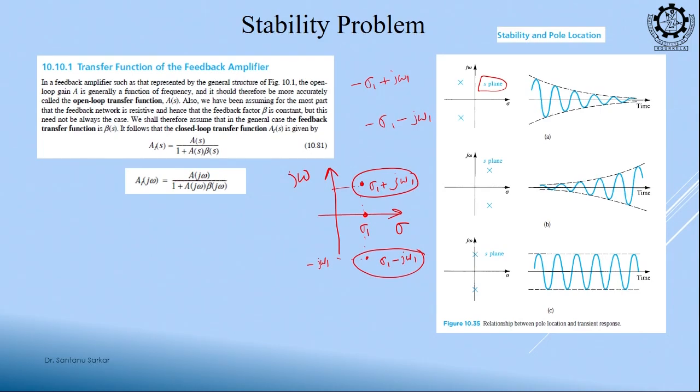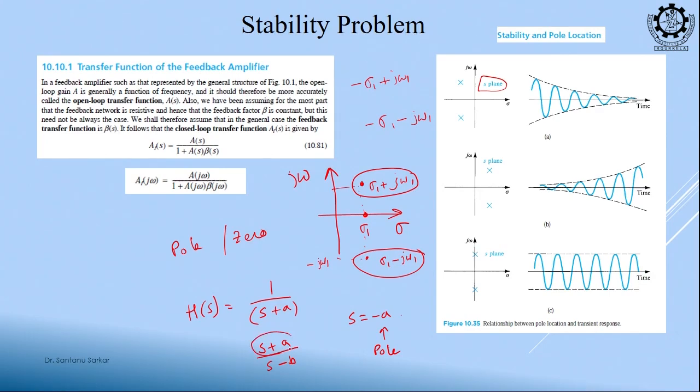Okay. So, there is a concept of pole and zero. Suppose I have a transfer function. So, what is the root of this equation? S is equal to minus a. So, this is known as the pole. Similarly, suppose I have S plus a, S minus b.